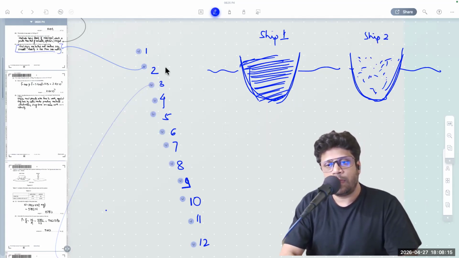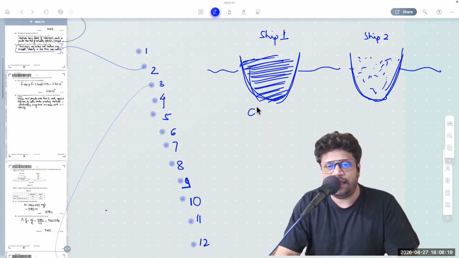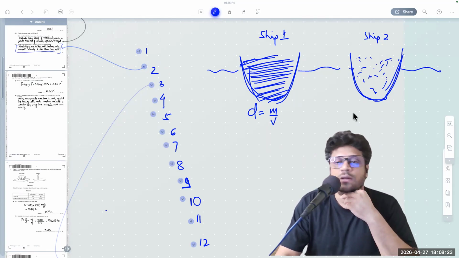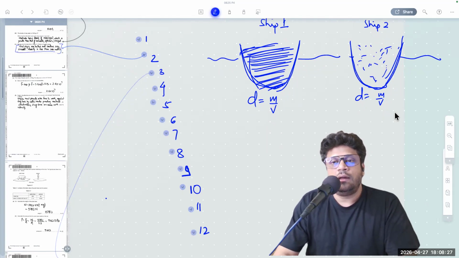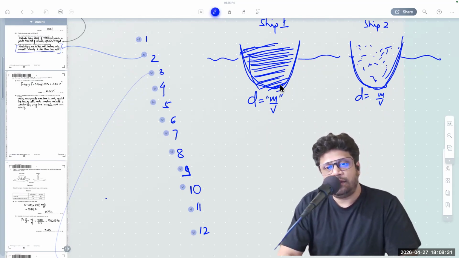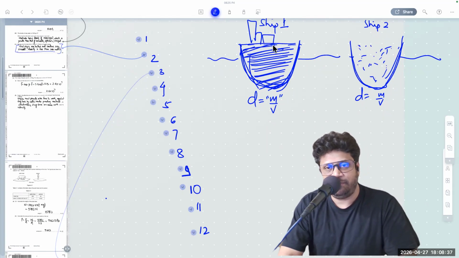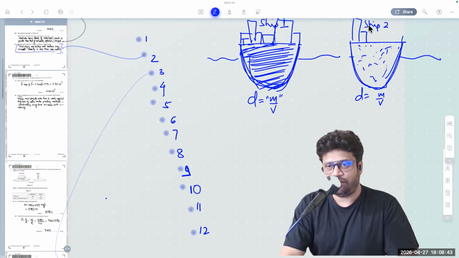Now if you figure out the density of this thing, density is supposed to be mass by volume. And same here, mass by volume. Let's say this is your ship, that's the top of it, and that's your front view of the ship.